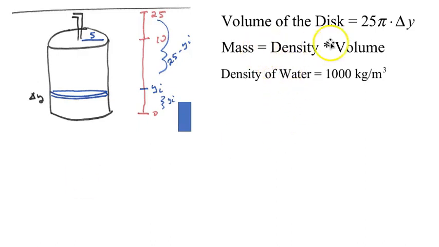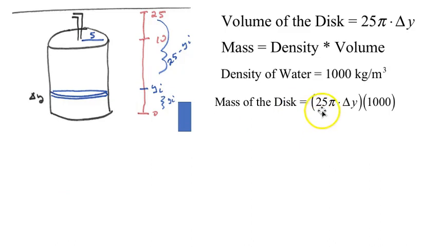Now, we can convert the volume to mass. Multiply the density times the volume, and we'll get mass. 25 pi delta y, the volume, times the density, 1,000. Fine, we have the mass of the disk. But is the mass a force? We can convert it into a force by using Newton's law. Newton's law is F equals ma. And on the surface of the Earth, the gravitational acceleration is 9.8 meters per second squared.